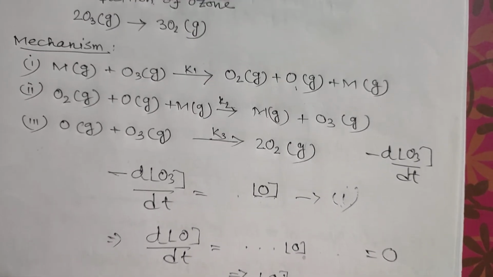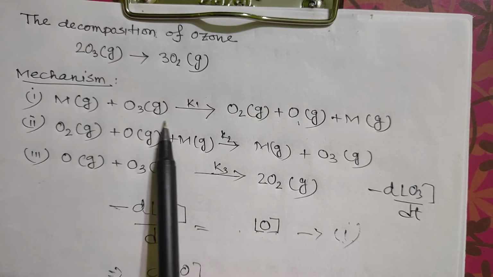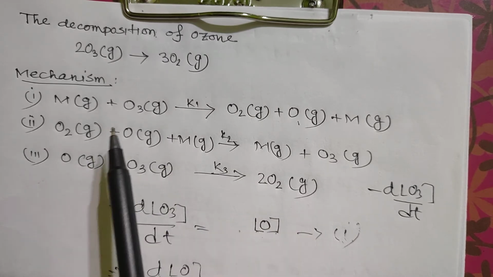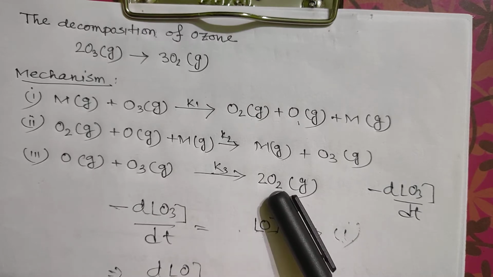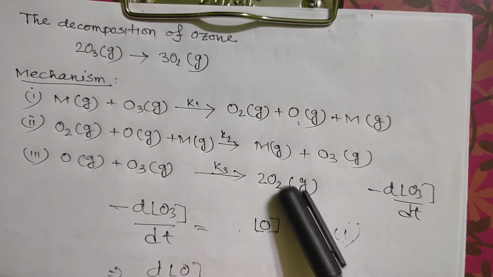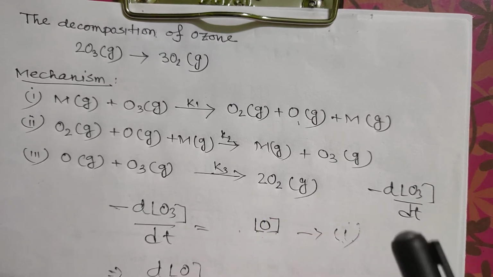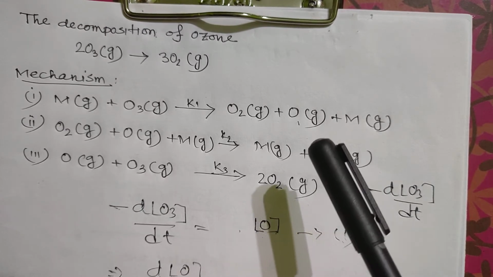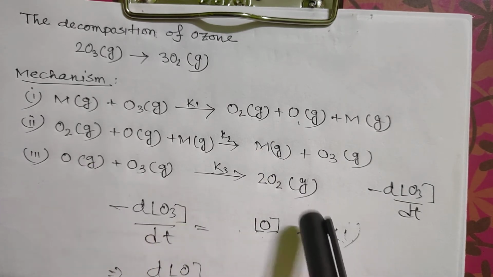Another thing is, what is the steady state approximation and why is it needed? See, these are the reactants and this is the product. From the grams of reactant taken, we can know the number of moles of reactants, and from the balanced equation we can know the concentration of the product also, but we can't know the concentration of the intermediate. See here, O is the intermediate, and it is reacted.